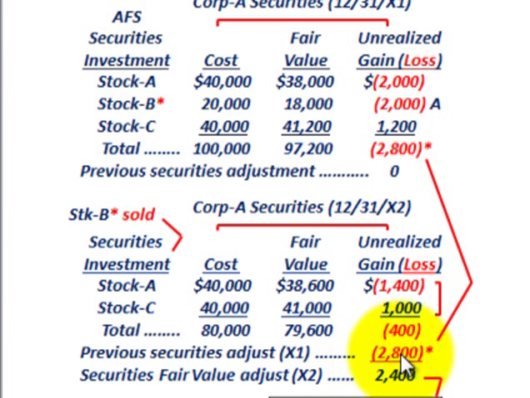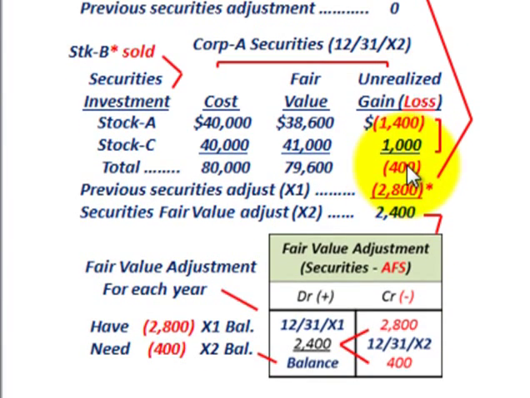So we have the $2,800 previous unrealized loss for year X1, and we have to get to $400 for year X2. Let's look at how we do that. This is our fair value adjustment, and in this case, it would be a credit or reduction.